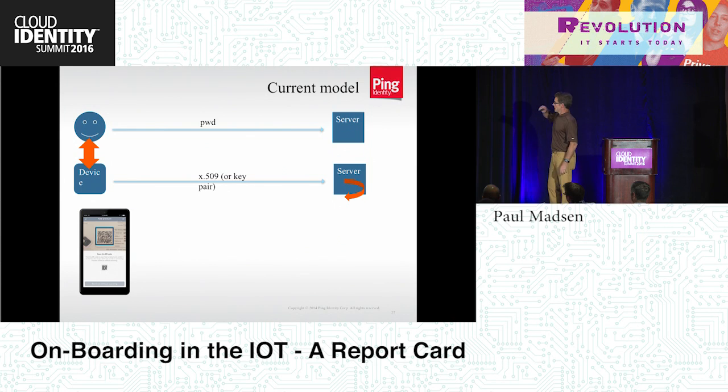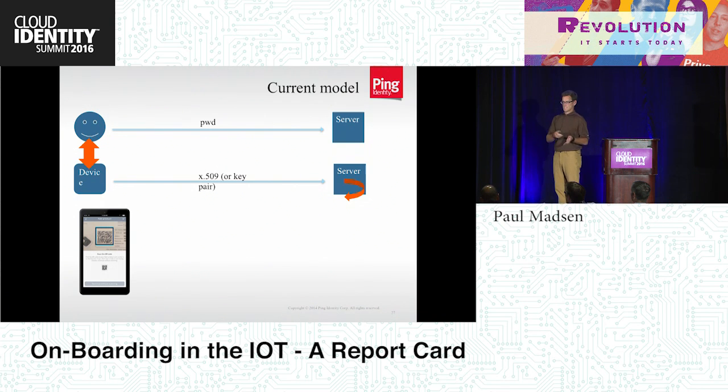So the current model, arguably the best practice, is that there's two sessions set up. I, in an app, so this is the Nest app that I've downloaded, authenticate in that app. That could be OAuth. Hopefully it's OAuth. Similarly, the device was shipped with some sort of cert, or maybe it's just a key pair, that was burnt in at manufacture, something that is unique to it.